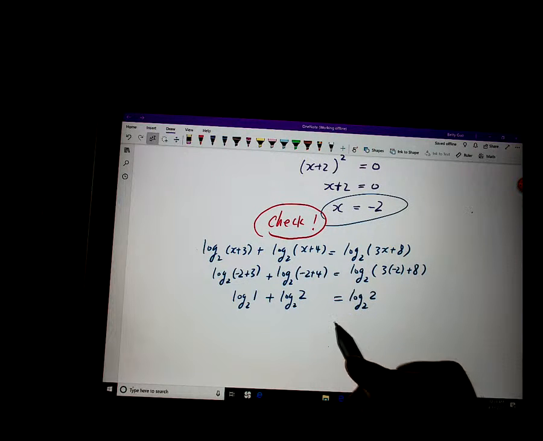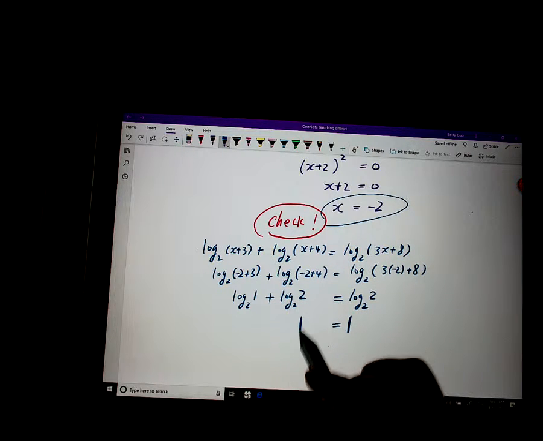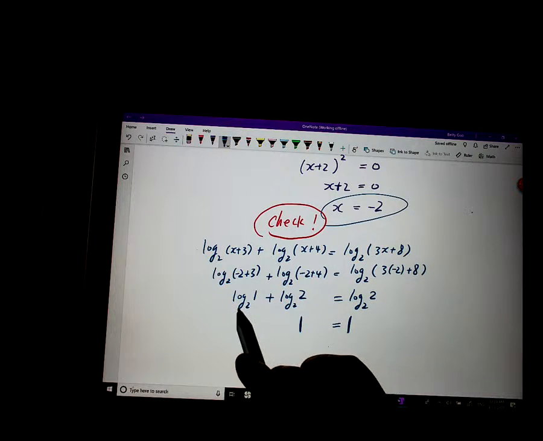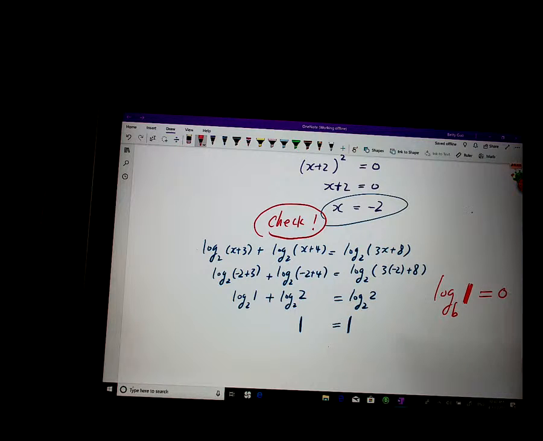Did we talk about this before? I think in a previous video. If we have a logarithm where the base and antilogarithm are identical, then the logarithm equals 1. So same here, 1. And if we have a logarithm, no matter what the base equals, as long as the antilogarithm equals 1, the log equals 0.